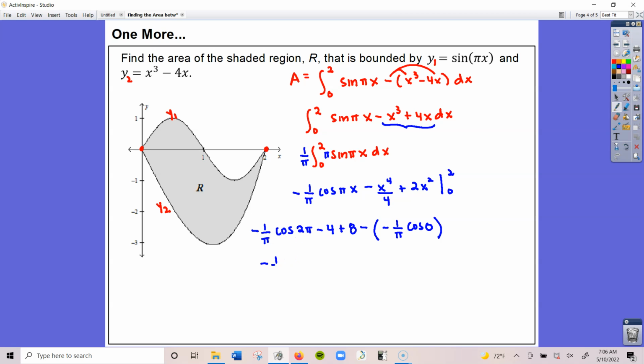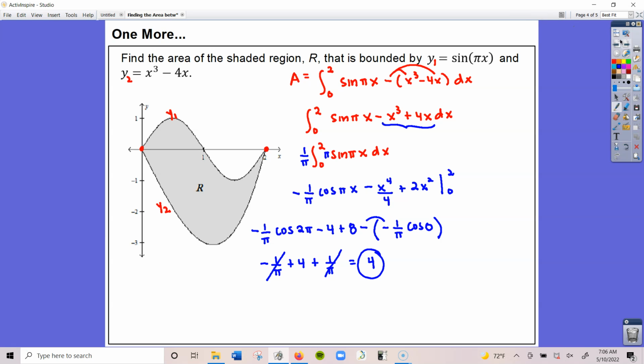So this is negative 1 over pi times 1, which is negative 1 over pi, minus 4 plus 8 is plus 4. Here I can distribute, so this will be plus 1 over pi, and the cosine of 0 is also 1. So what ends up happening here is the negative 1 over pi and the 1 over pi will cancel, and I'm left with my final answer of 4.